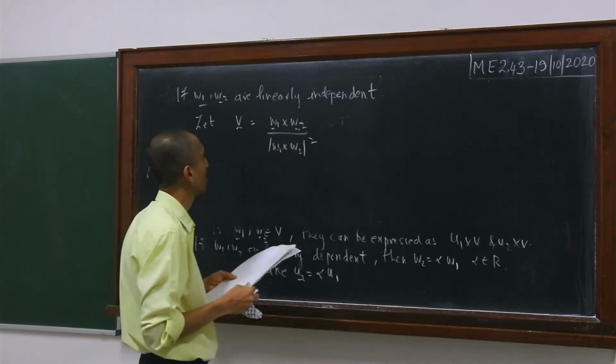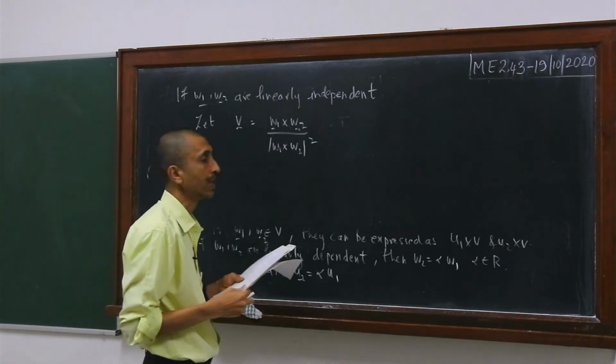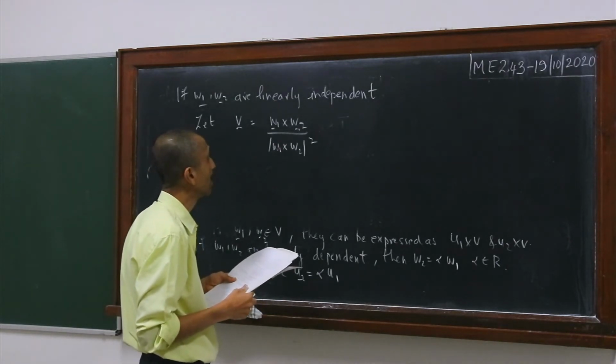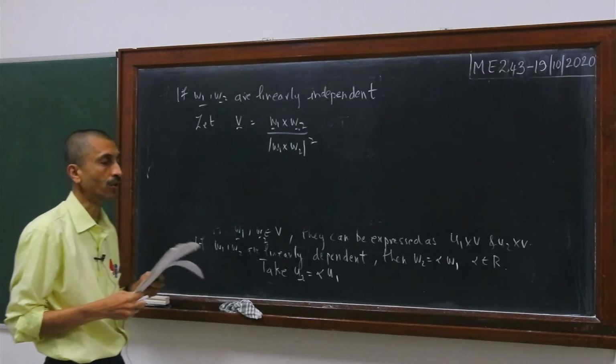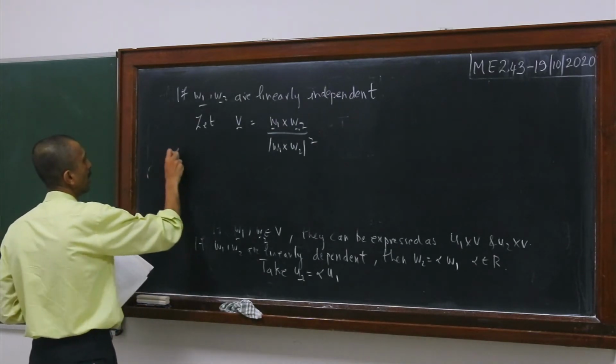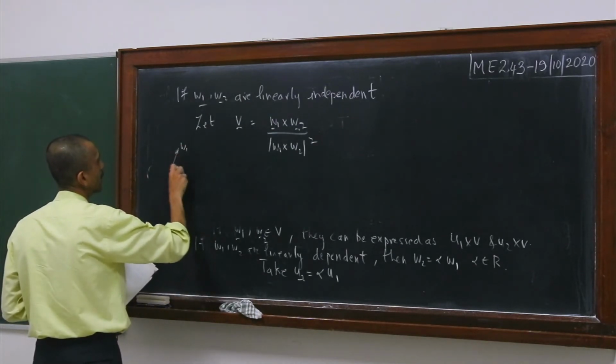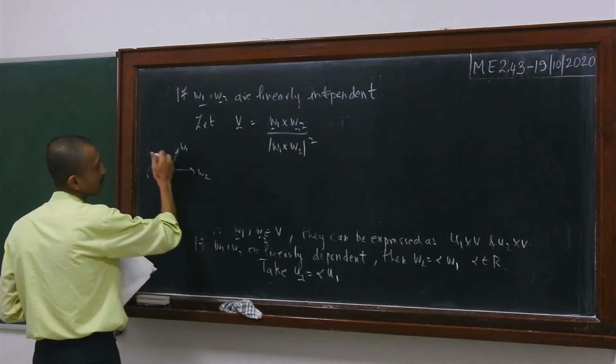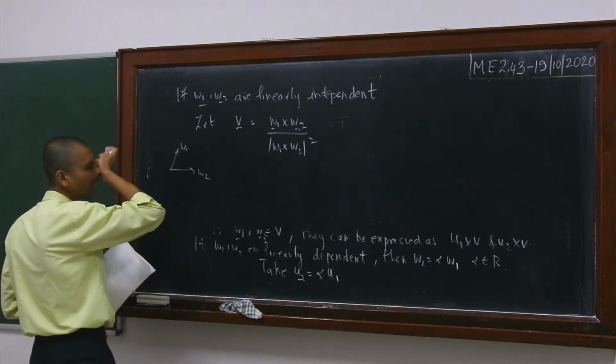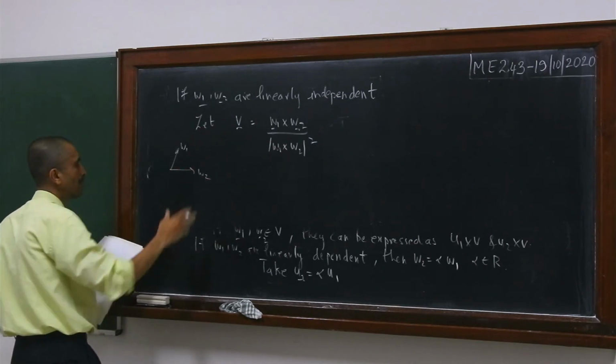So basically your V that you are choosing is going to be perpendicular to both W1 and W2. If you draw this is W1 and this is W2, then it is going to be pointing outside the board here, perpendicular to both W1 and W2.